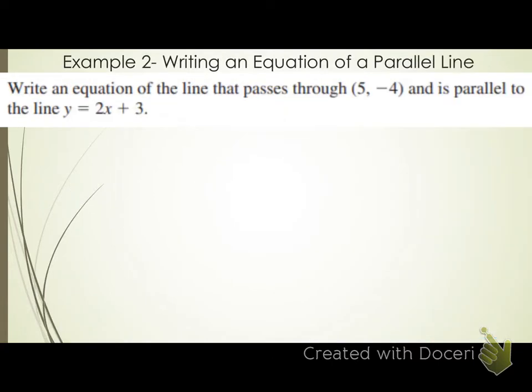Example 2. Writing an equation of a parallel line. Write an equation of the line that passes through (5, -4) and is parallel to the line y equals 2x plus 3. Can anyone raise your hand and help me figure out how I'm going to approach this?